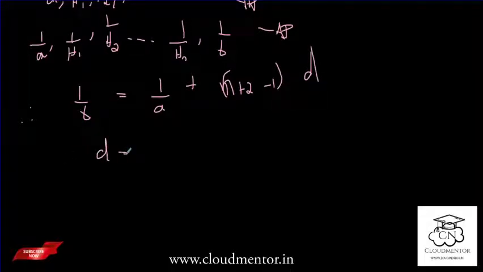and d is equal to (a minus b) by (n plus 1) of ab.